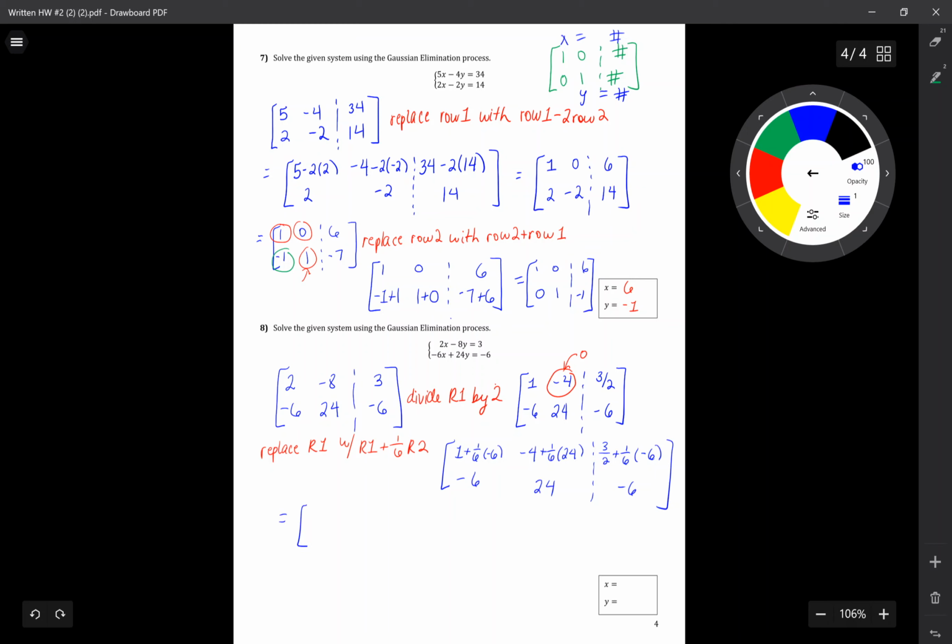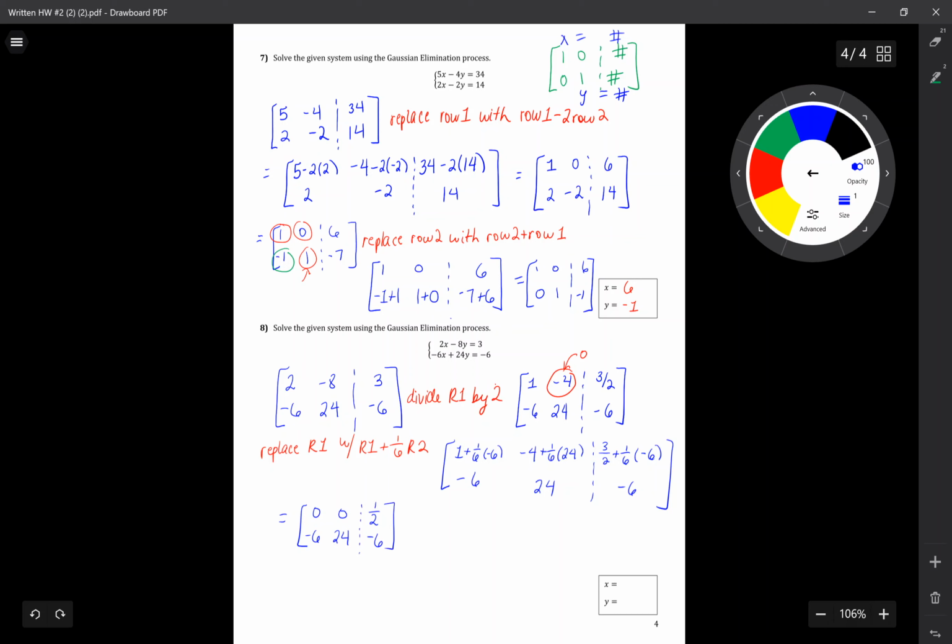If I have 1/6 times negative 6, that's negative 1, plus 1 is 0. And then I get negative 4 plus 1/6 of 24, that's negative 4 plus 4, which is also 0. This is not looking great. And then I have 3/2 plus negative 1, which is what? 1/2. Negative 6, 24, negative 6.